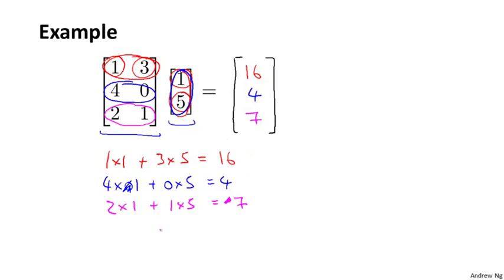Okay? And it turns out that the result of multiplying a 3 by 2 matrix by a 2 by 1 matrix, which is also just a two-dimensional vector, is going to be a 3 by 1 matrix. So that's why I get a 3 by 1 matrix.